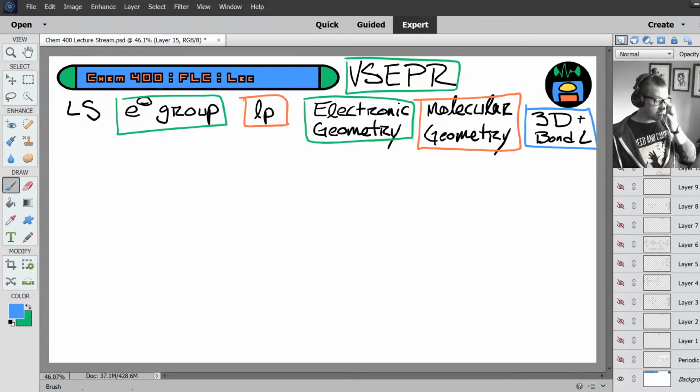All right, let's do a little breakdown of what each of these things mean. First, the electron groups.